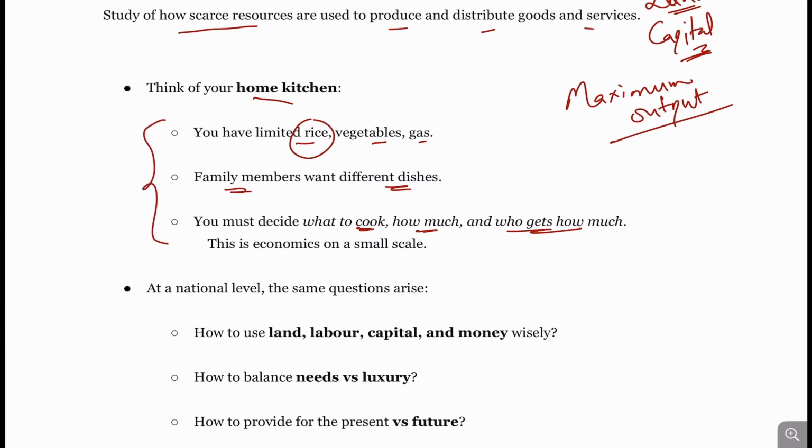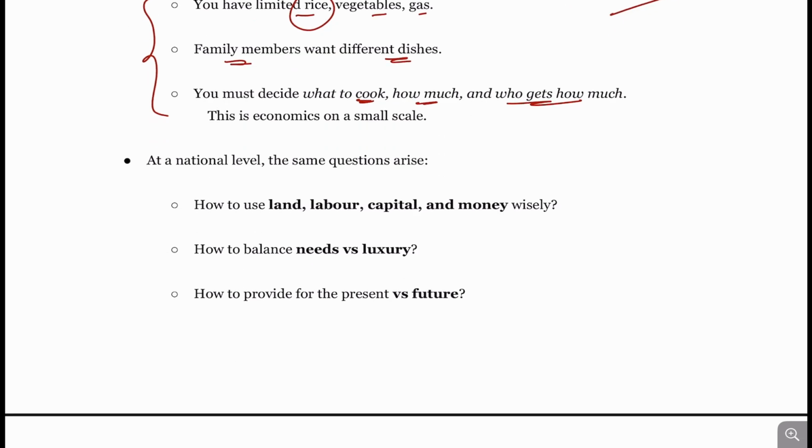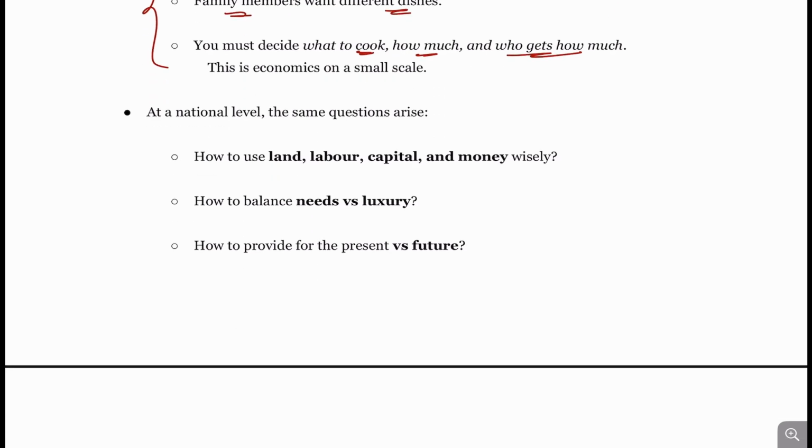Now suppose at the national level, how do things work? At the national level we have land, labor, capital, and money. Everything is limited and needs to be used wisely, and we have to balance needs and luxury. Some people may be poor, whose needs will be very high, and other people may be rich, but they demand the utilization of resources for their luxury needs, not basic needs.